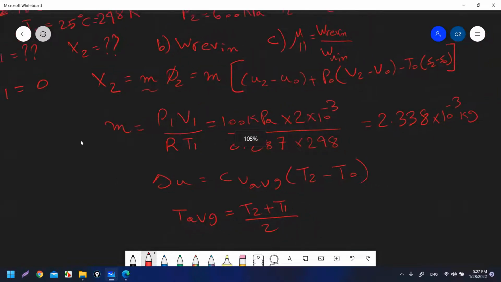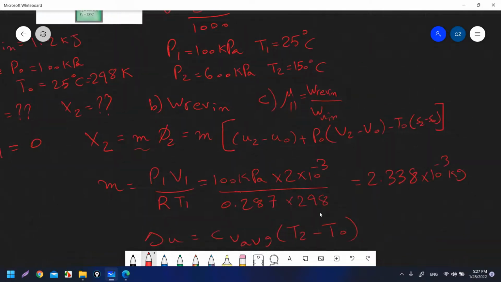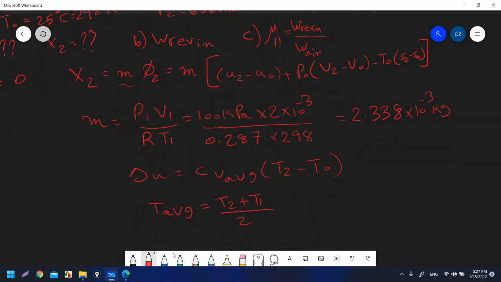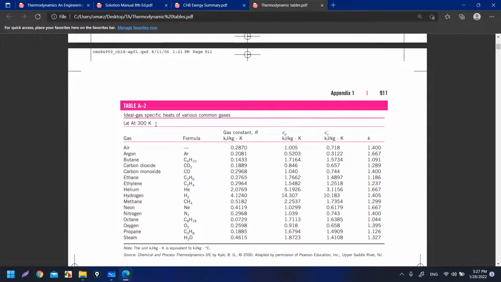The air was at temperature T1, 25 degrees Celsius, before the compression, and after the compression it will be at another temperature T2, 150 degrees Celsius. So you have to find that average temperature, then you go to the table to find Cv average, because on the table we have different temperatures.